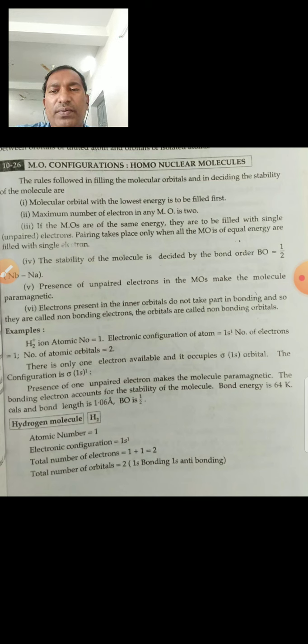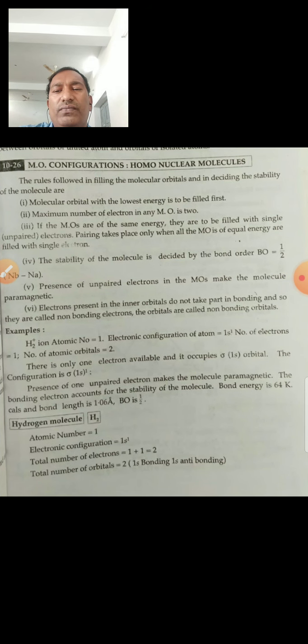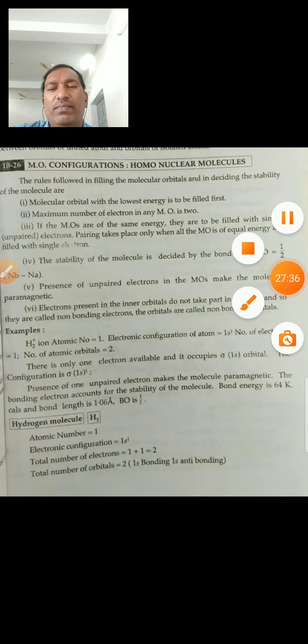For example, the H2 plus ion: atomic number is 1, electronic configuration of the atom is 1s1, number of electrons is 1, number of atomic orbitals is 2. There is only one electron available and it occupies the sigma 1s orbital. The configuration is sigma 1s1.